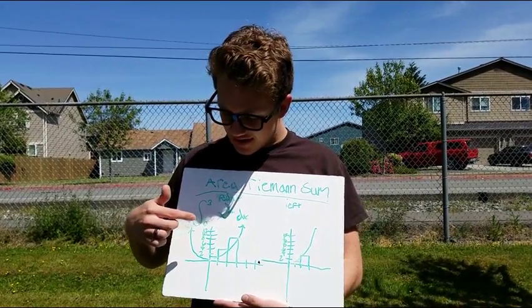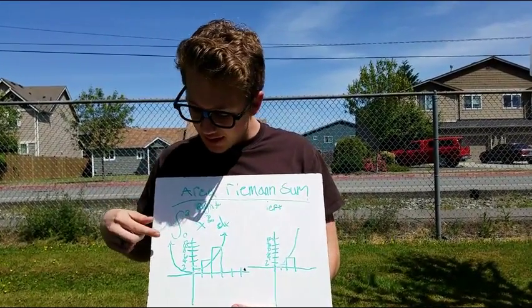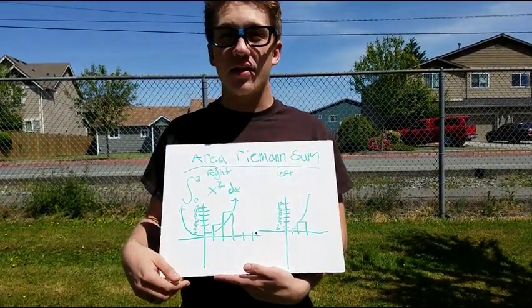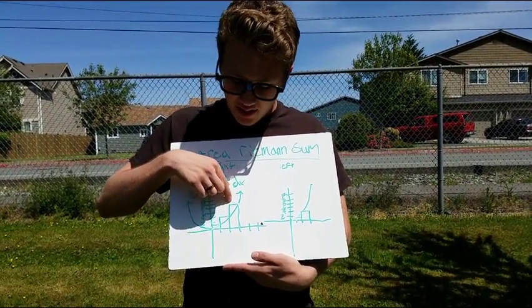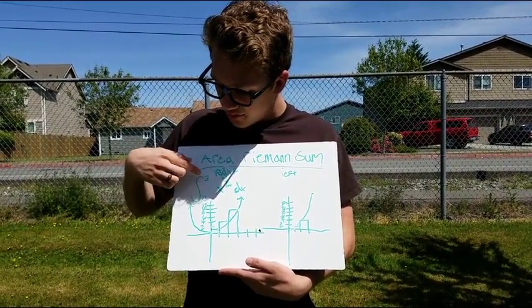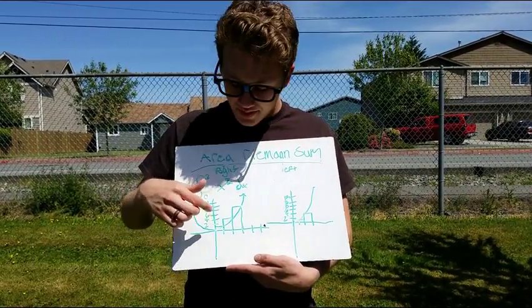So the next topic in chapter 4 is called area Riemann sums, and you use this to estimate, but it's not an exact value, but you use intervals. So if it's the integral from 0 to 3 of x squared, you're trying to find the area under the curve.